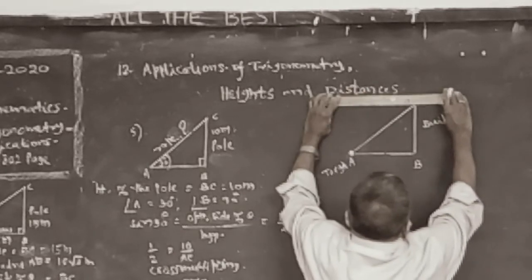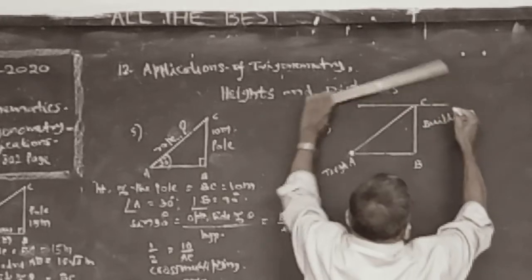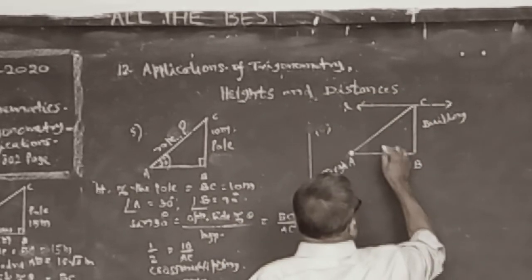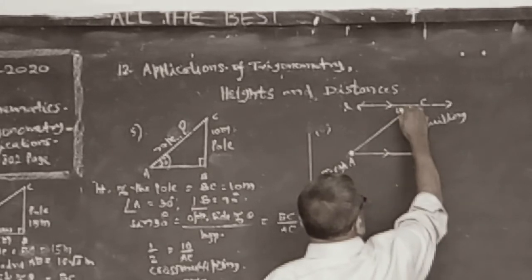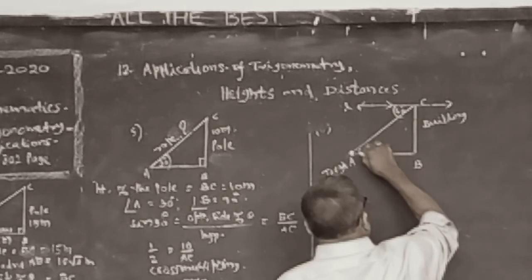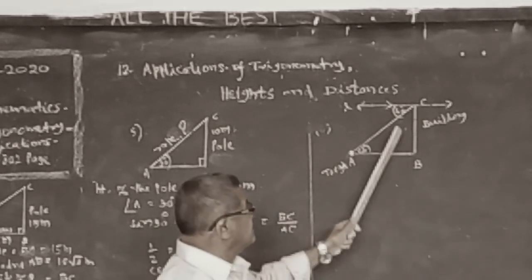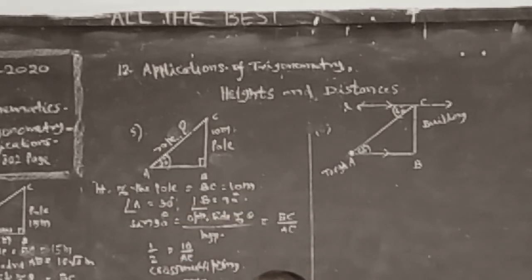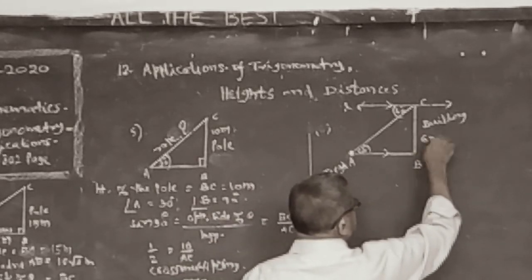Whenever angle of depression is given, you draw a parallel line. Don't forget. Here these two are parallel lines. Here angle of depression is 60 degrees. Again the same angle comes down as 60, but we have to show it in the figure. Height of the building is 6 meters.